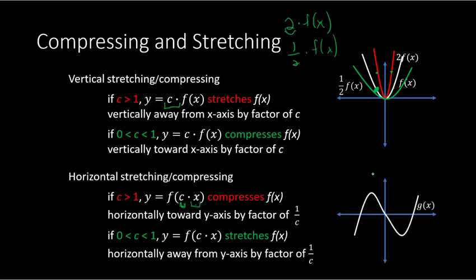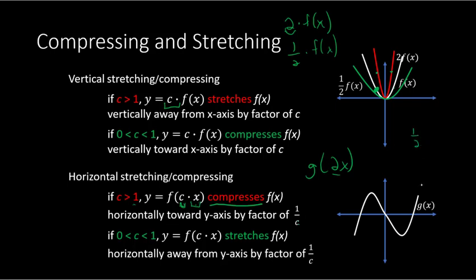So for example, if you had this graph of g of x, and you were told to graph g of 2x. Because 2 is bigger than 1, it's going to compress the graph. It's going to make it squish together. And it's going to do that by a factor of 1 over c, or 1 over 2 in this case.